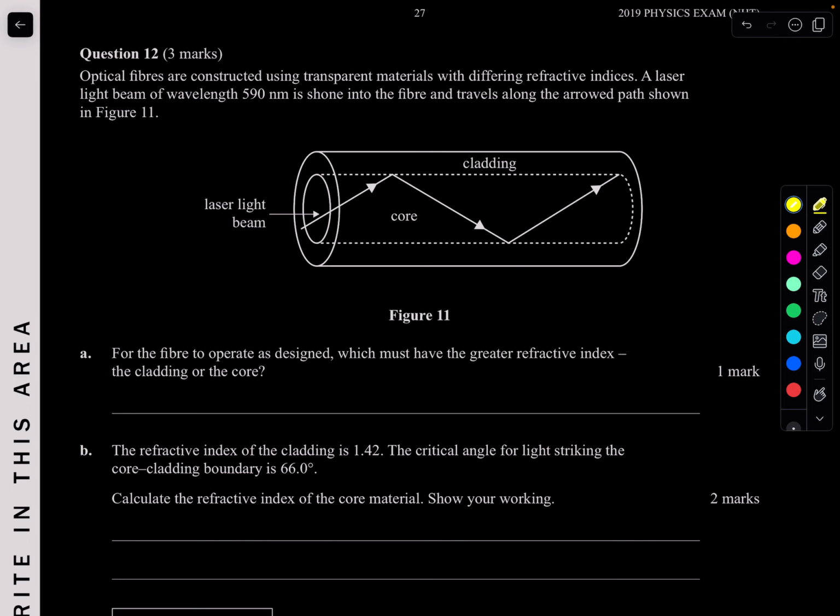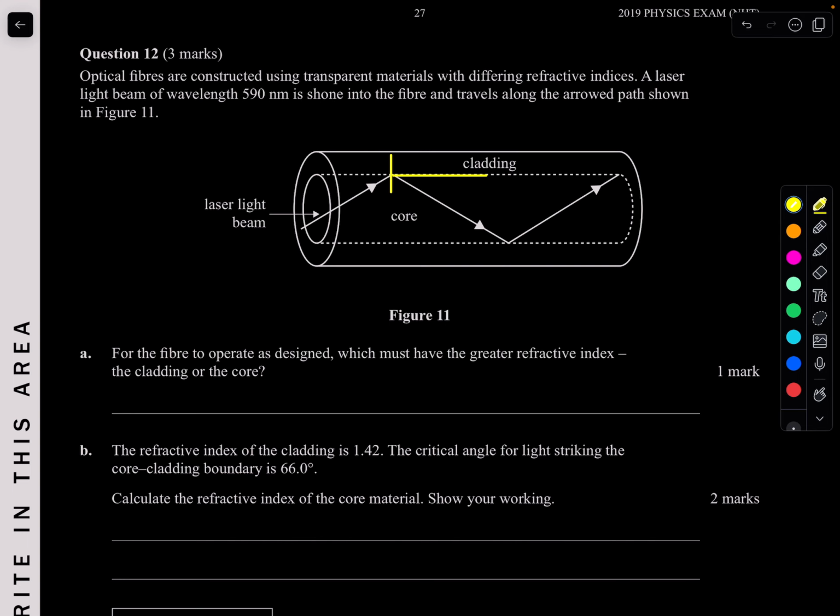The design of an optical fiber works through total internal reflection. So it doesn't actually pass through the cladding, but it goes through internal reflection. It uses the process of the critical angle, actually, in this case.